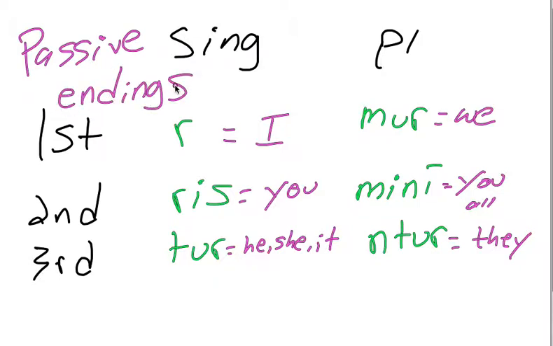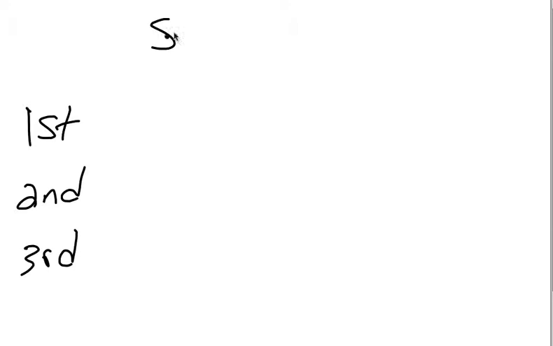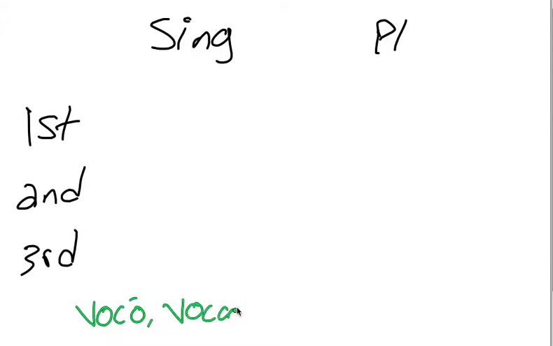Now we're going to conjugate a verb in the passive. I'm going to set up another chart with first, second, and third, and singular and plural at the top. The verb that we're going to use as our sample verb is the verb voco. Voco means to call. So it's voco, vocare.